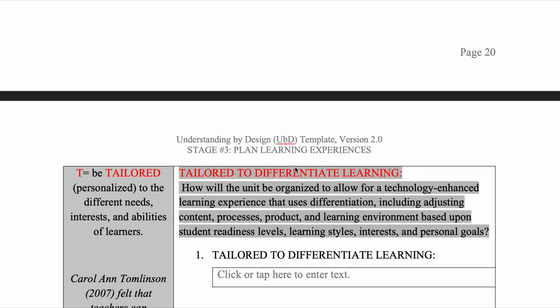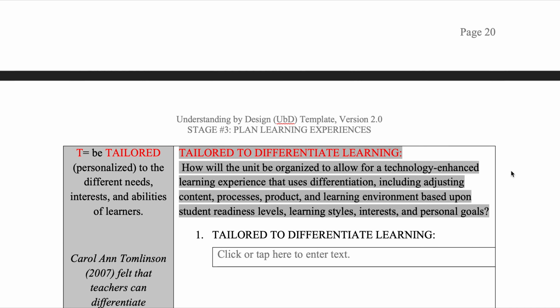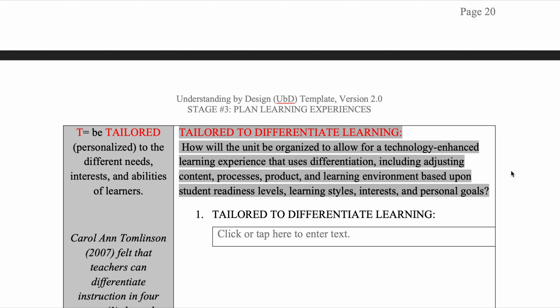The next section will be tailored to differentiate learning. How will this unit be organized for making sure that you're taking into account every student out there, whether they have some sort of disability?